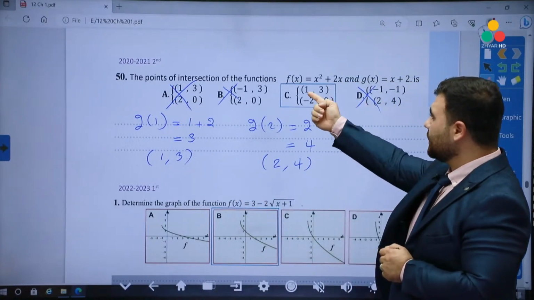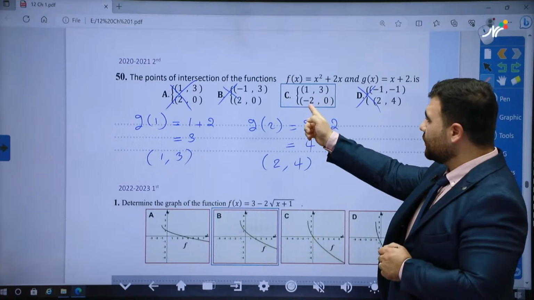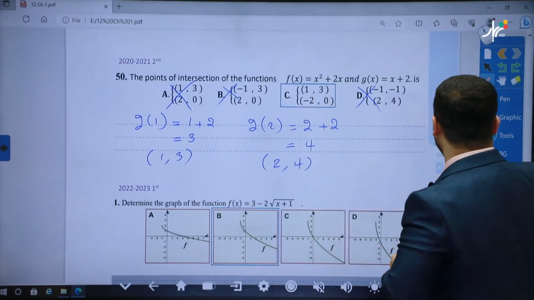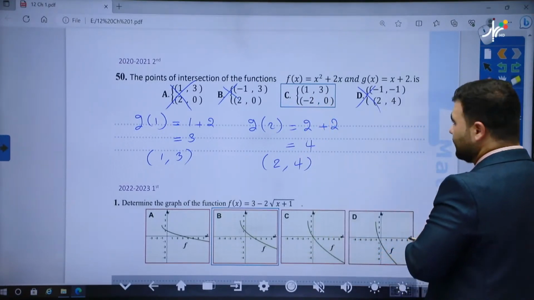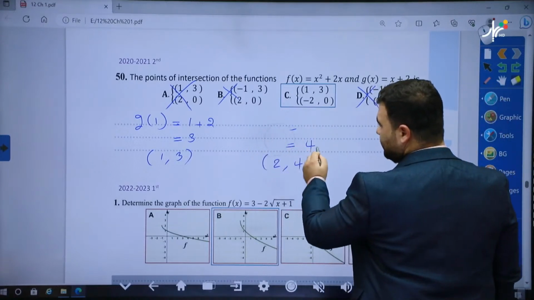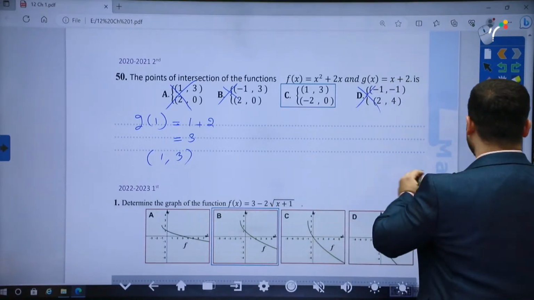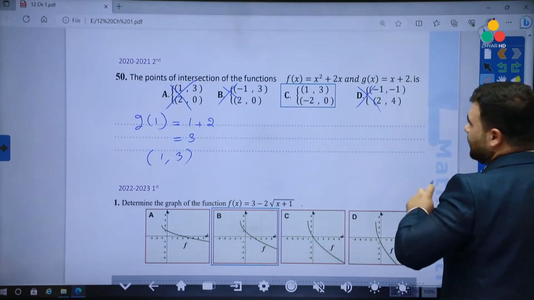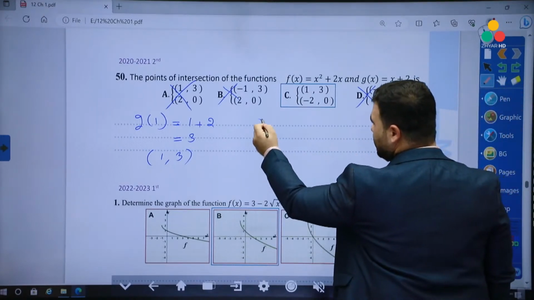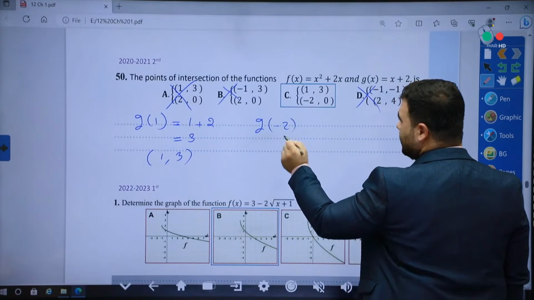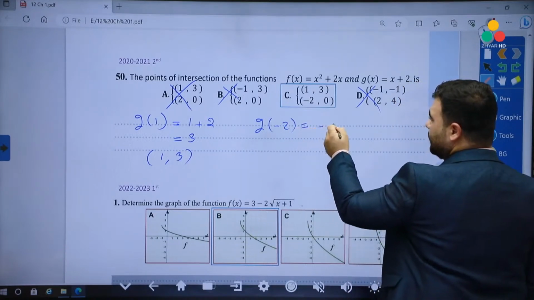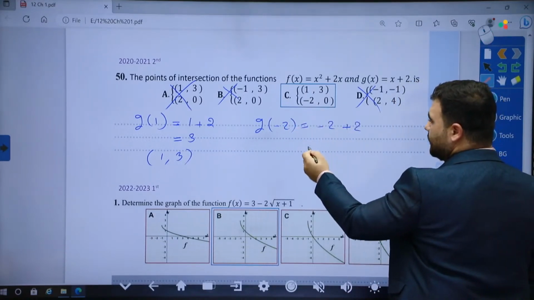I already checked the point 1, 3 for G. Now I'm going to check the point with negative 2. When x is negative 2, let's find G of negative 2. G of negative 2 is negative 2 plus 2, which is equal to 0.